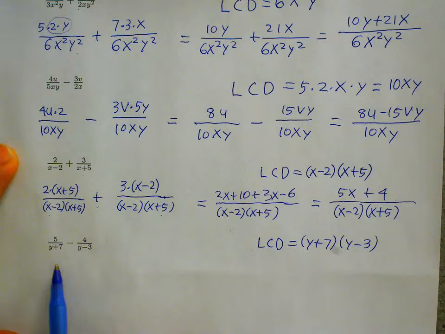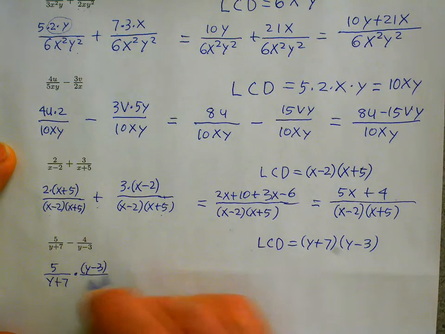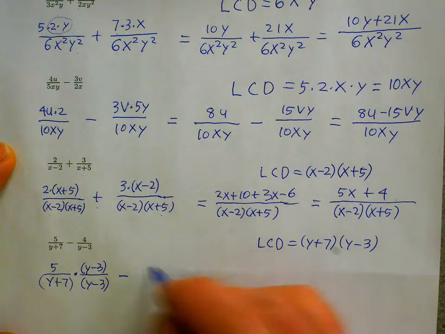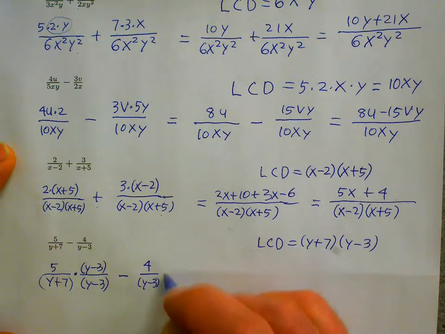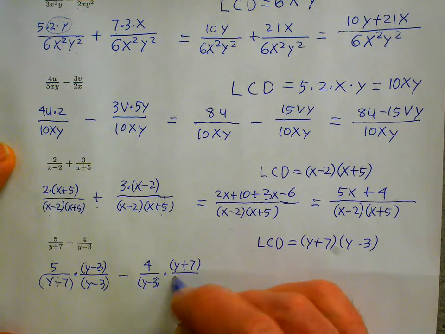Another way to go about this is if we multiply the fraction 5 over y plus 7 times 1 in the form y minus 3 over y minus 3. And then we're subtracting the other fraction multiplied by 1. This time we multiply by y plus 7 over y plus 7.